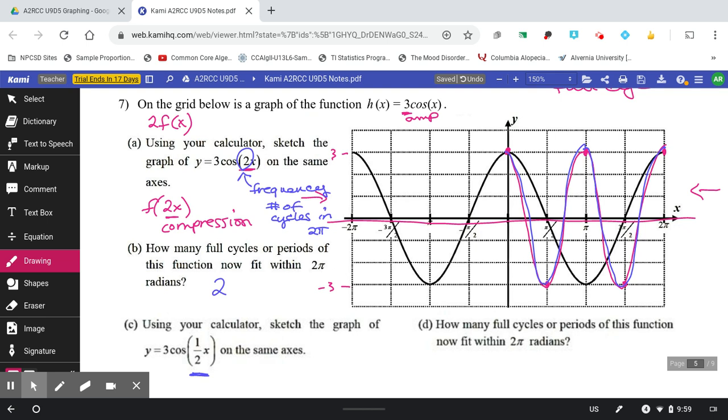So now instead of a compression, this is going to be a horizontal stretch. And I know that the frequency is equal to 1/2, which means that's the number of cycles in 2 pi. So that means there's only going to be 1/2 of a cycle in 2 pi.